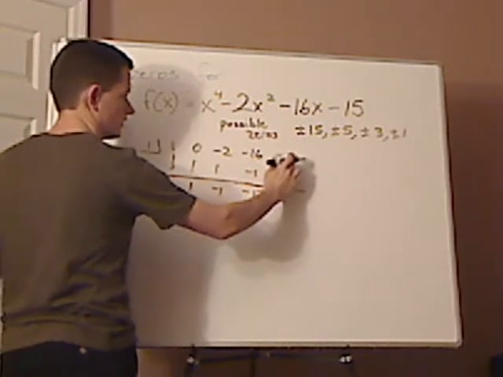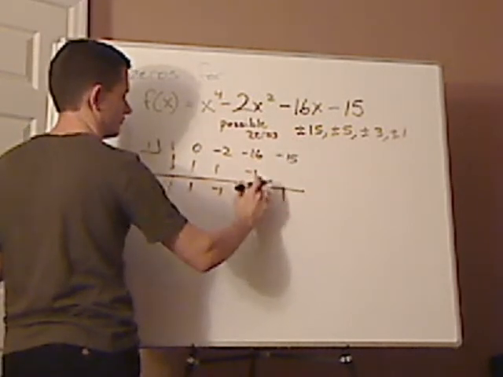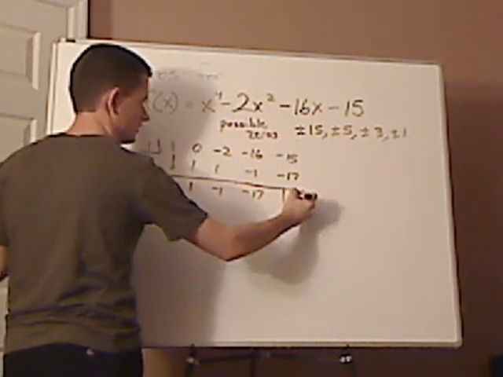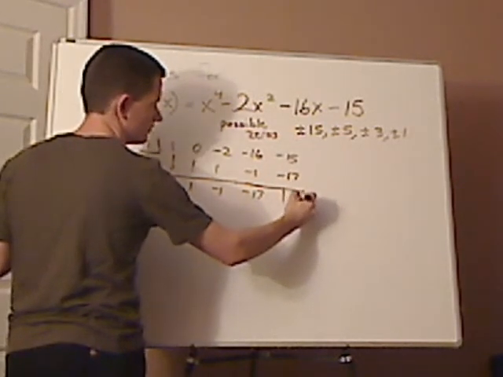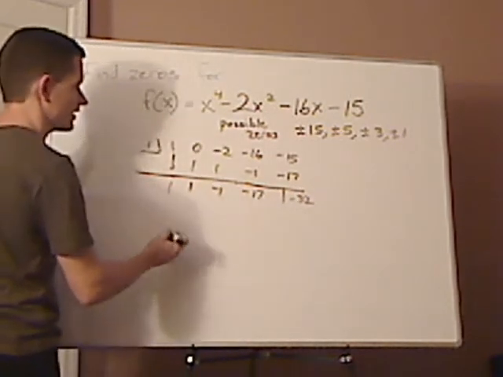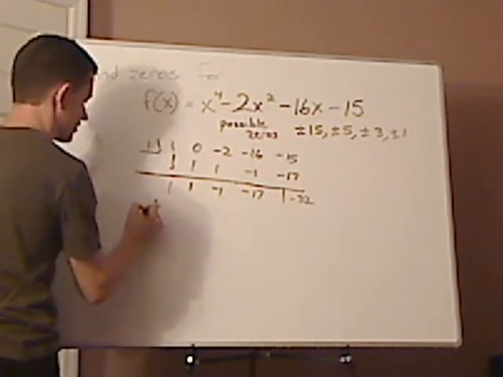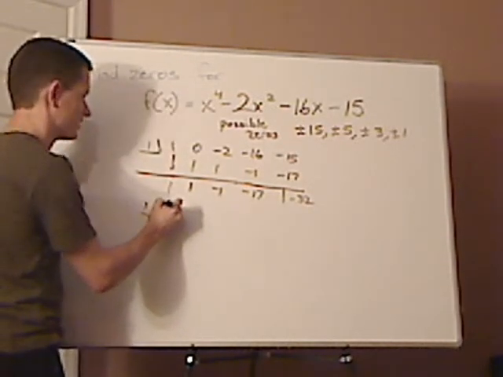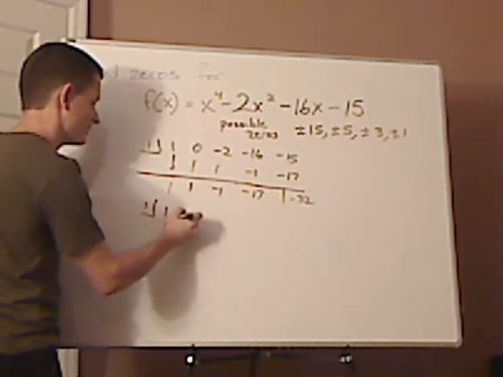And then 1 times -17 is -17, which gives -32. Alright, that's not a zero. So let me try -1. You can kind of see how it's going to take a long time.